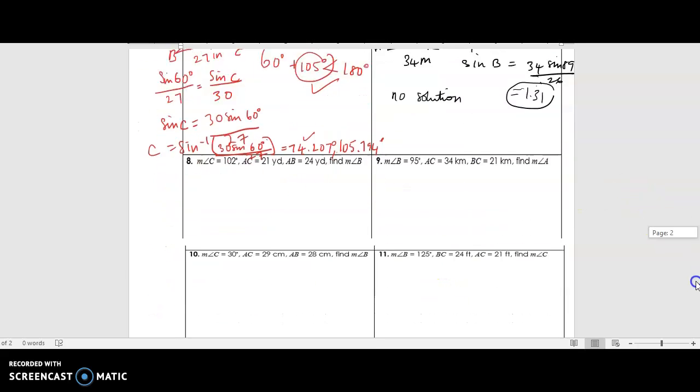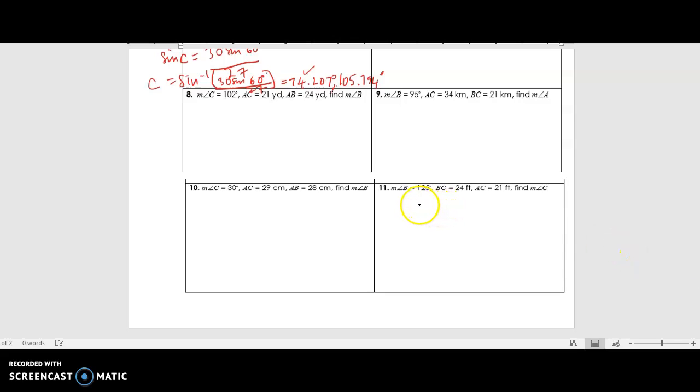So let's look at some more examples. Let's look at question 8. Again, we'll draw a simple triangle for our illustration. Maybe this particular triangle already has a 102, so I cannot form an acute angle here.